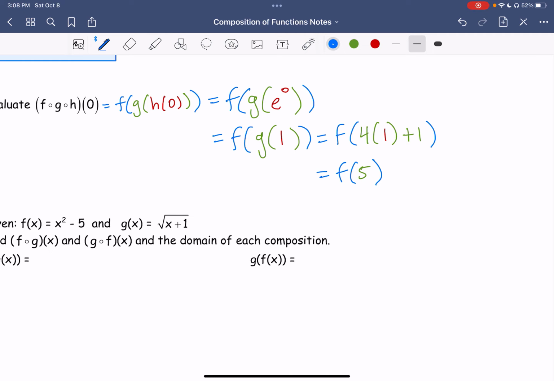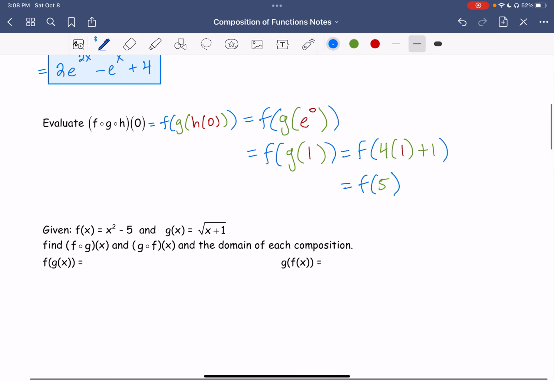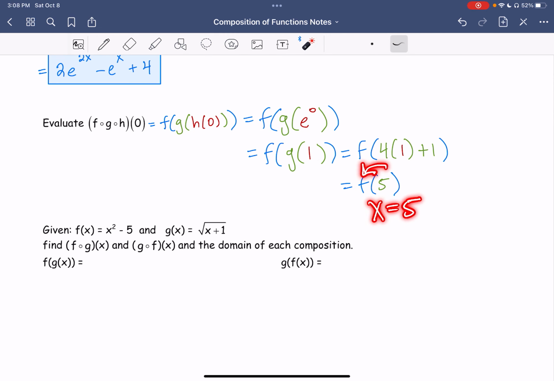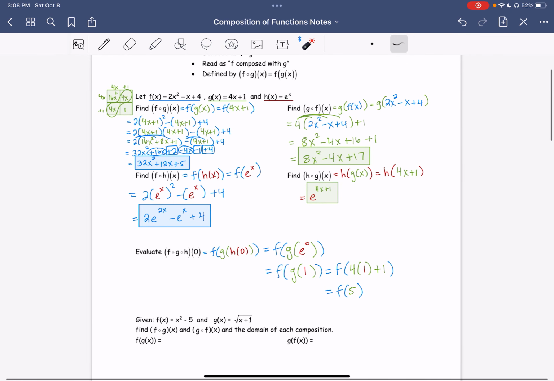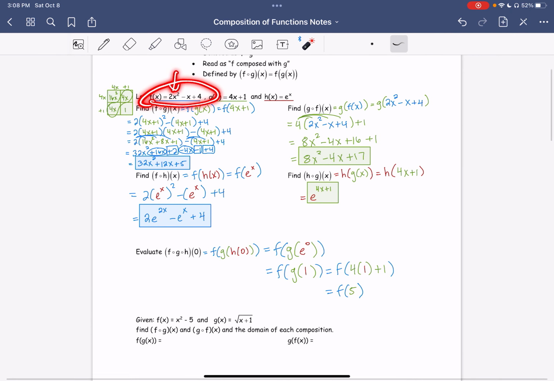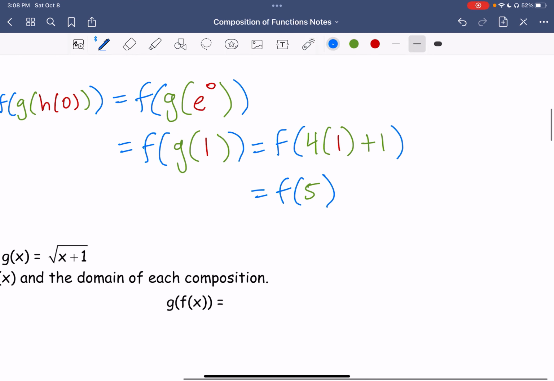So the next step is that x is 5 for the function of f. So in f, which is here, everywhere you see an x, I'm going to plug in the number 5. So 2 times 5 squared minus 5 plus 4.